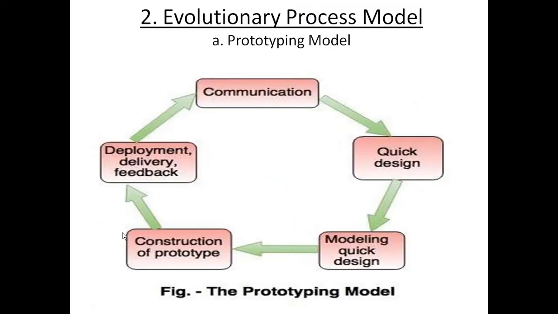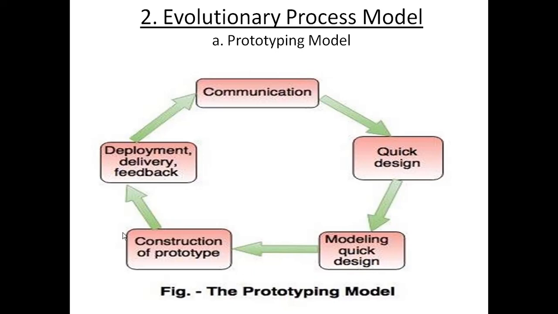So we have seen the three different models in the prescriptive model of software process models. The second process model is the evolutionary process model. Evolutionary process models are basically models with cyclic functioning.